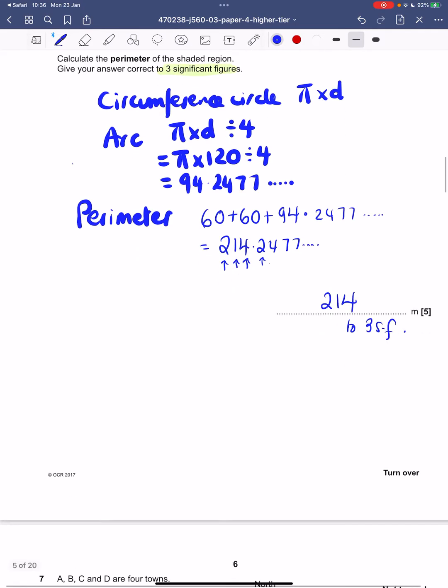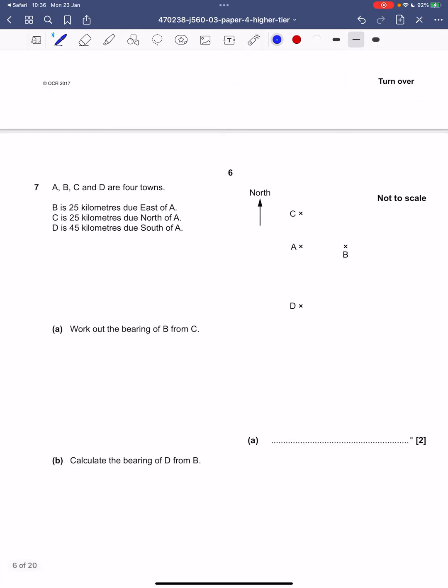214 metres. Okay. A, B, C, D are 4 towns. Here, look. They've all been measured in relation to A. So B is 25 metres east of A. If you remember, north, south, west, east.